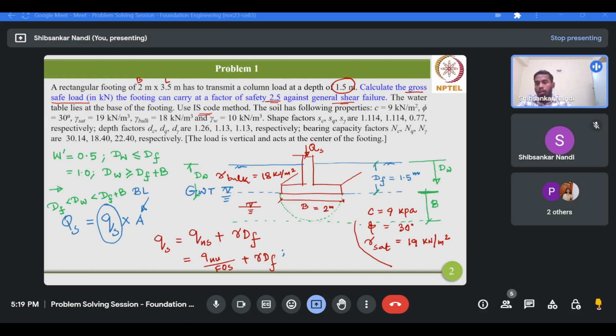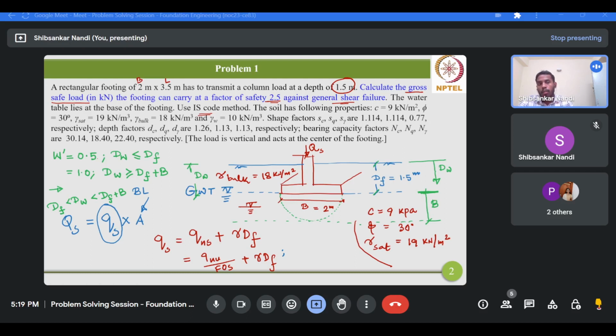Now when it is above the foundation level or just at the foundation level, the water table correction factor in the third term would be simply 0.5. And when this water table lies beyond a depth of dA plus b from the ground surface, then it would be 1. That means there is no such water table correction.